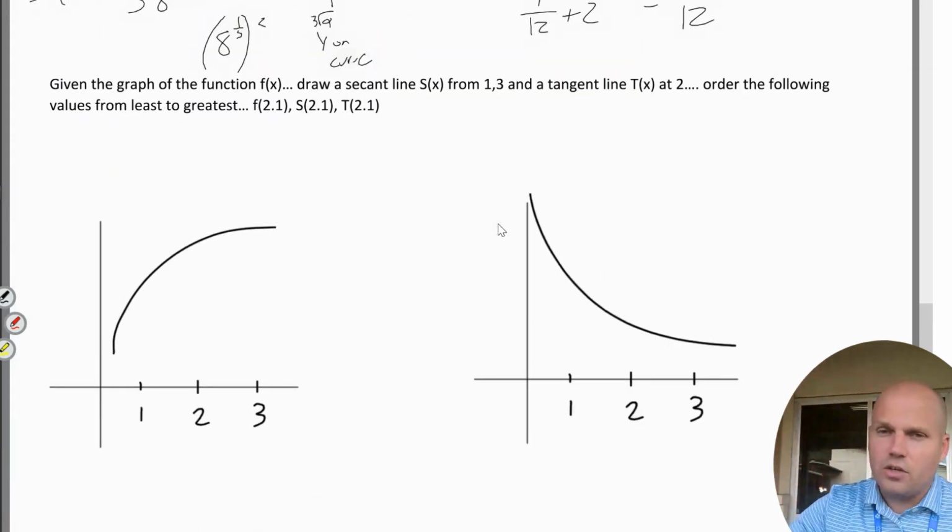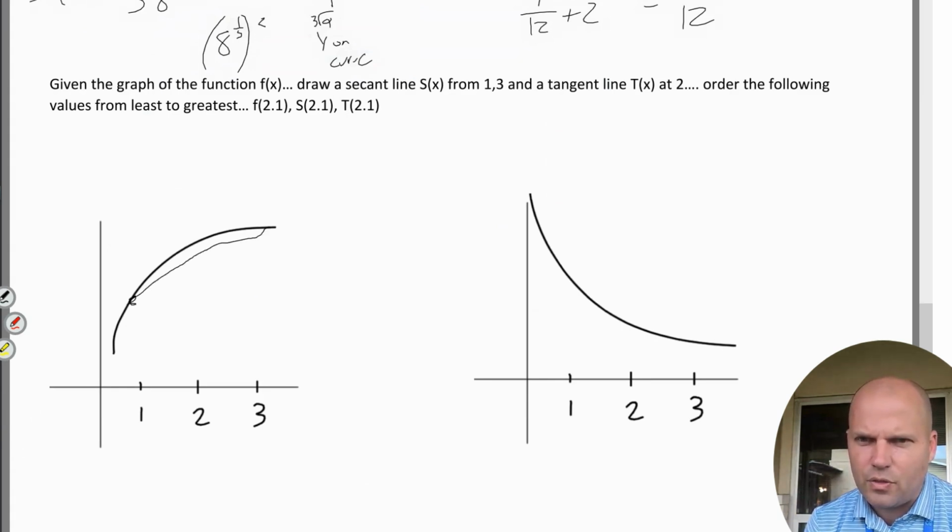Have this question in your notes, making sure you understand it. If you draw a secant line between 1 and 3, which you want to try to do effectively, there's your secant line. We'll call that S. Then you're going to draw a tangent line at x equals 2.